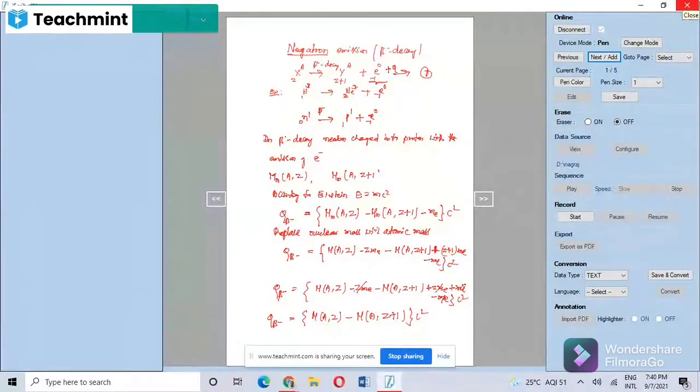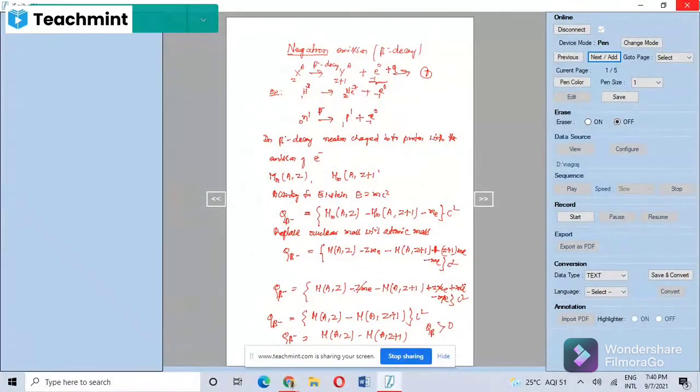And in fact, if we express all this in terms of energy, the C can be ignored. In terms of energy, this is equal to M of A comma Z minus M of A comma Z plus 1. And here the condition for beta negative decay is Q beta minus is greater than 0.